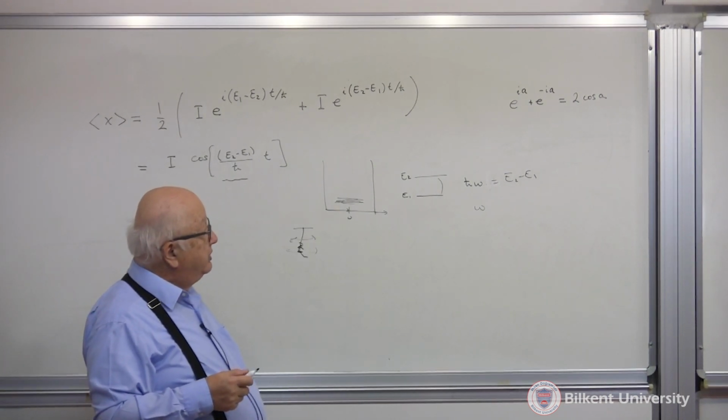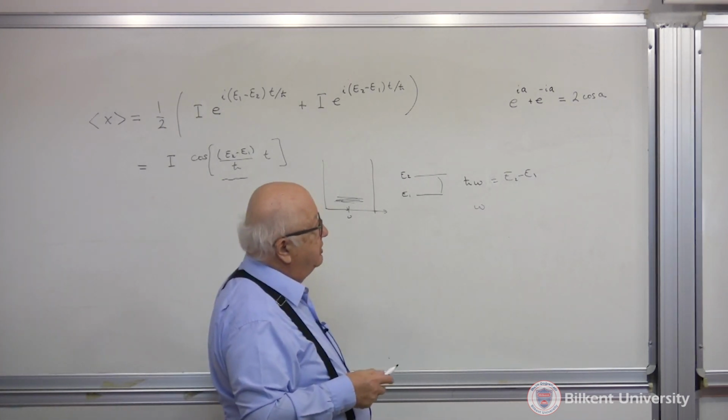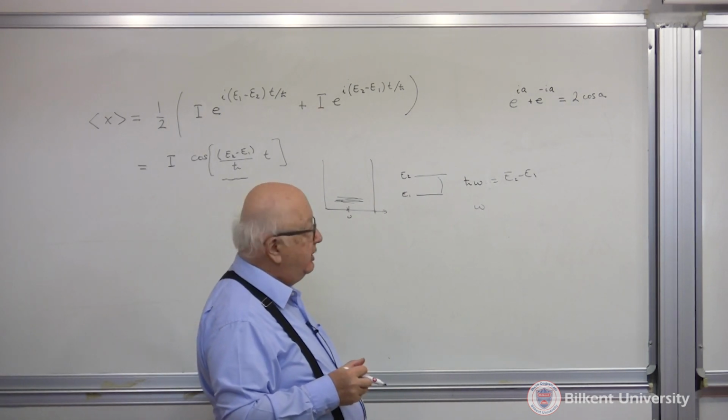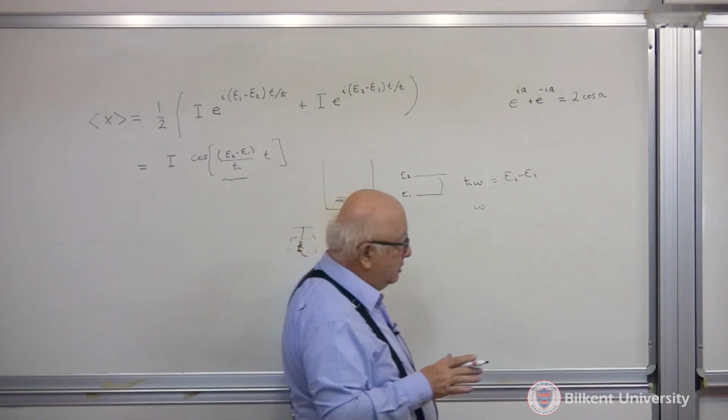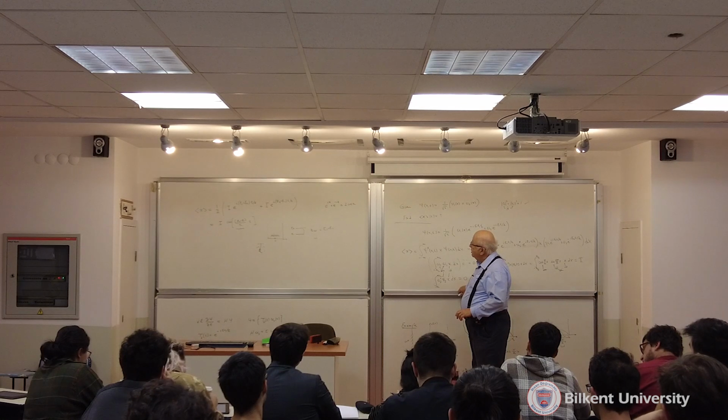Okay, so what I will do next is go to another Hamiltonian, another type of potential energy. Now I'll deviate a little from the sequence in your textbook from Griffiths.